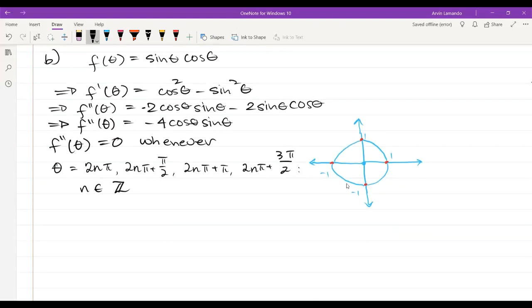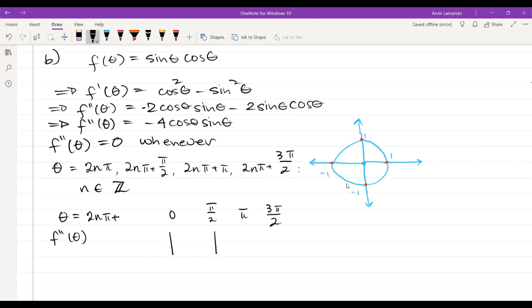Okay, so if we want to construct a table of signs for f double prime, we can do it like so. Theta should be 2n pi plus 0, pi over 2, pi, 3 pi over 2.